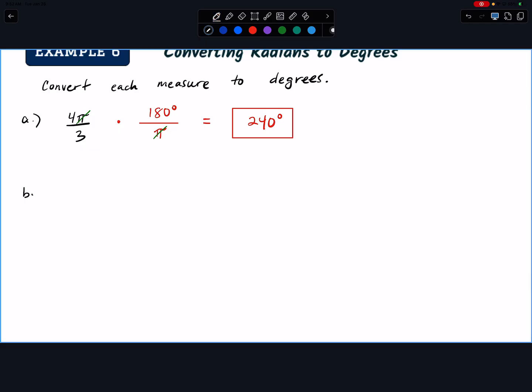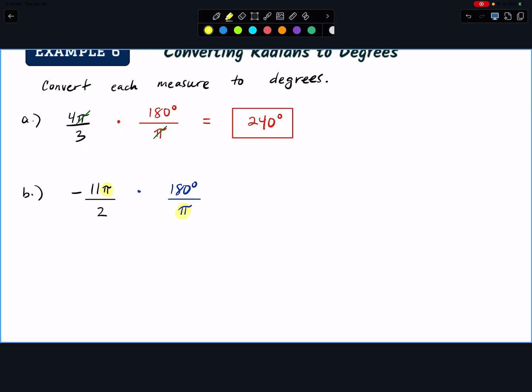All right, B. So same idea, multiply by 180 over pi.